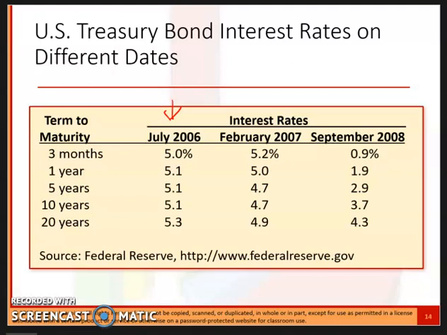So rates are higher in the beginning than they are at the end. And then by September of 2008, we have what we would call a more traditional upward sloping yield curve. So we've got flat, inverted, and then upward sloping.